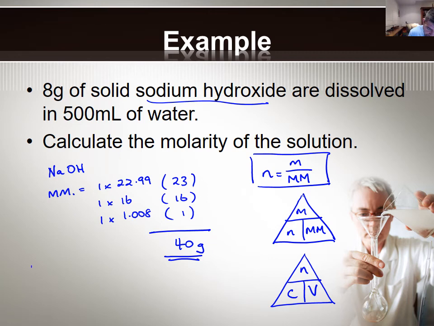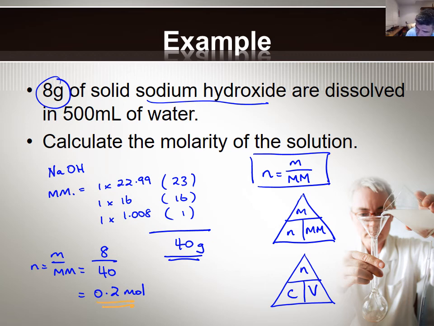Now, if the number of moles is equal to the mass over the molar mass, then this is going to be a mass of 8 grams divided by the molar mass of 40, which is 0.2 moles. Now, we're very close to being able to calculate the molarity because now we have this value here.